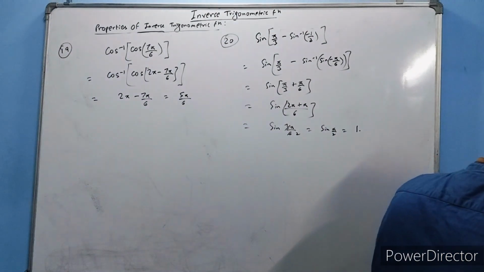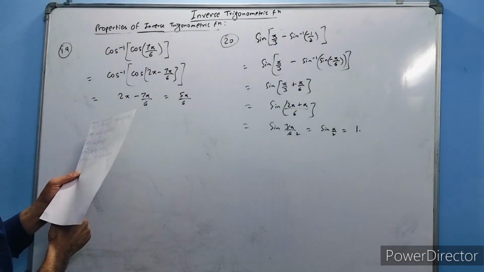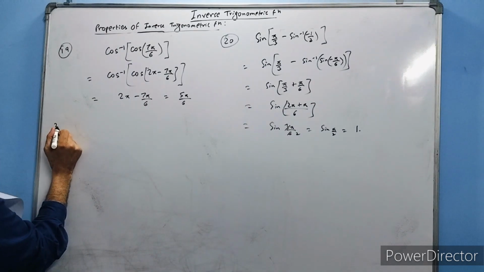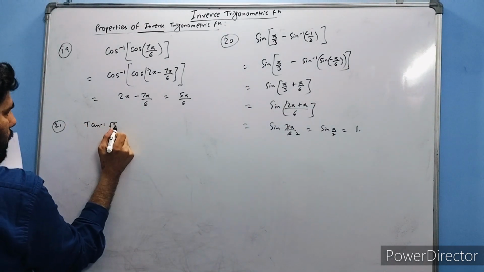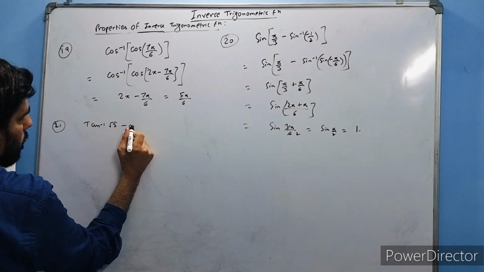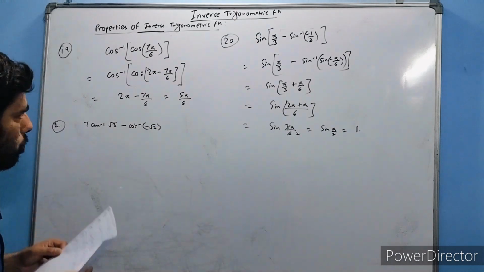Now let us try to solve one more question. We have tan inverse root 3 minus cot inverse of minus root 3. So they have given this.